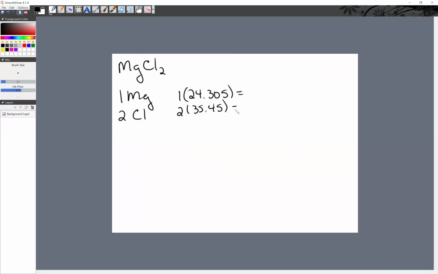And so, with my calculator, this is 70.90.